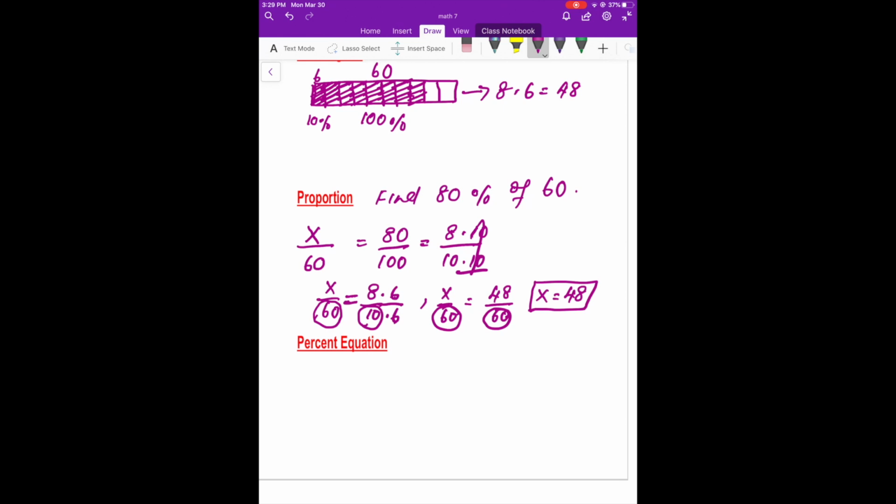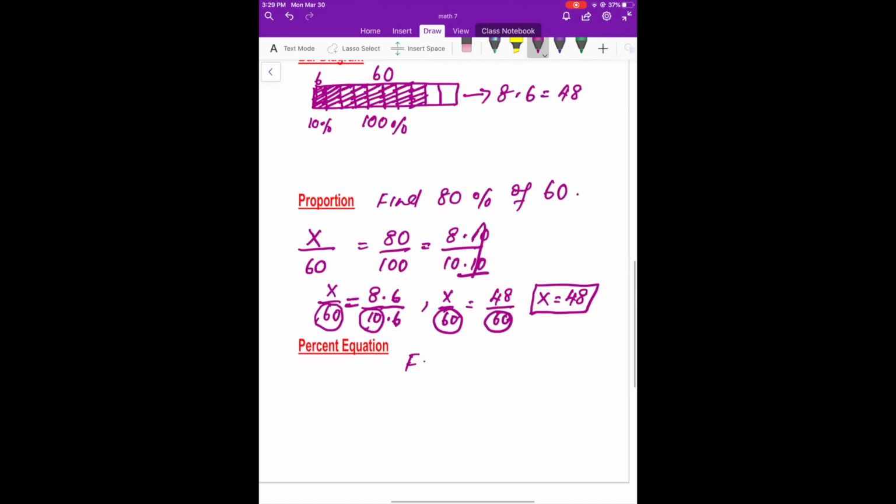In some problems this will be easier. Some problems you can just do as mental math. Another method is using the equation, percent equations. So find 80% of 60. That is the question. Now we are converting this into an equation.